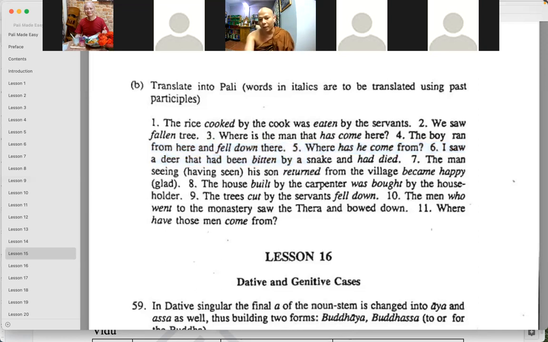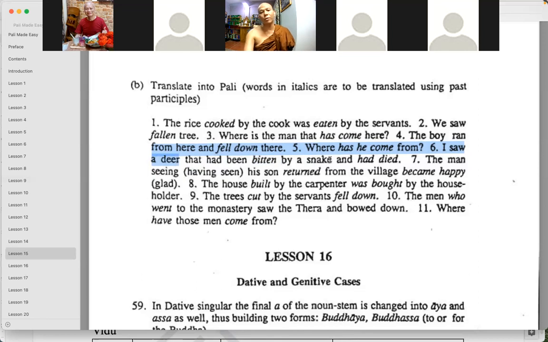Mainly a deer is with the accusative case because it is the object of the saw. And also bitten, datan, is also accusative case. That is not because it is the object of the saw, but because it is an object modifier to the deer. That is with the accusative case.